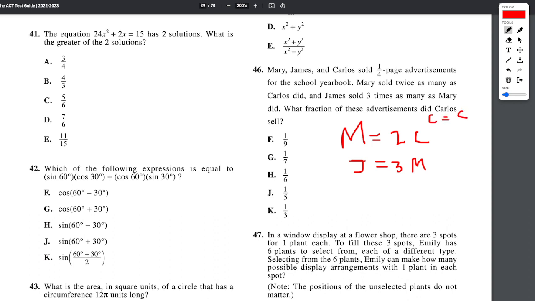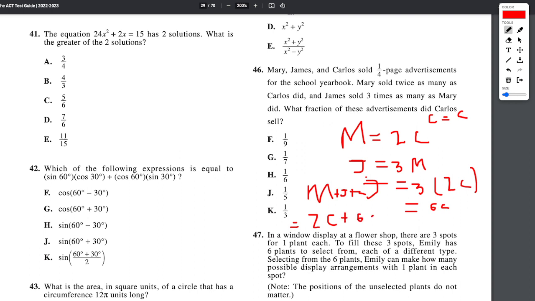So we all want this in terms of one variable, right? So I'm going to substitute it in. So James is 3 times Mary, which is 2C. So that's equal to 6C. So how many total advertisements are there? Well, it's M plus J plus C, and that's equal to 2C plus 6C plus C, which is 7C.